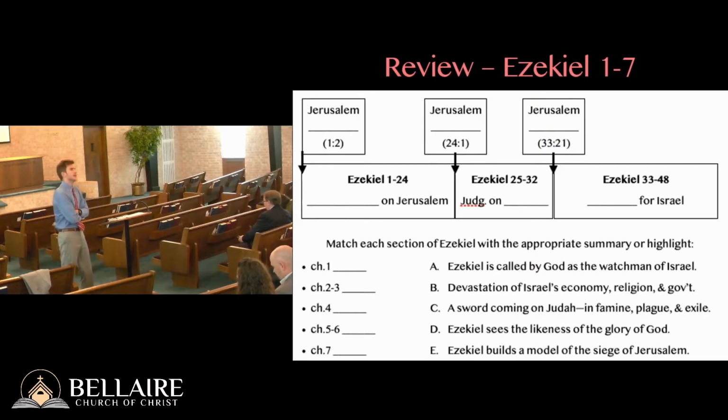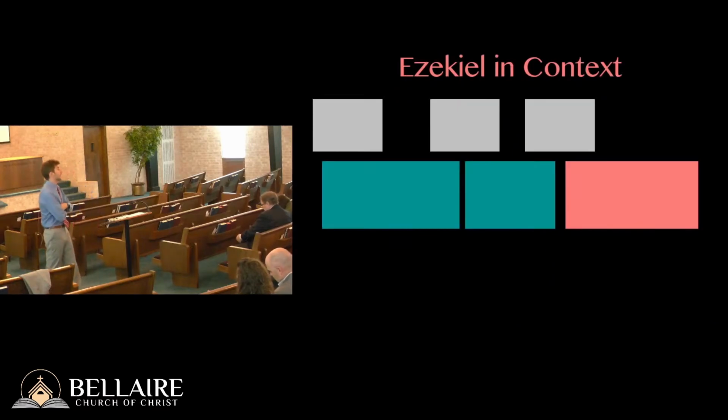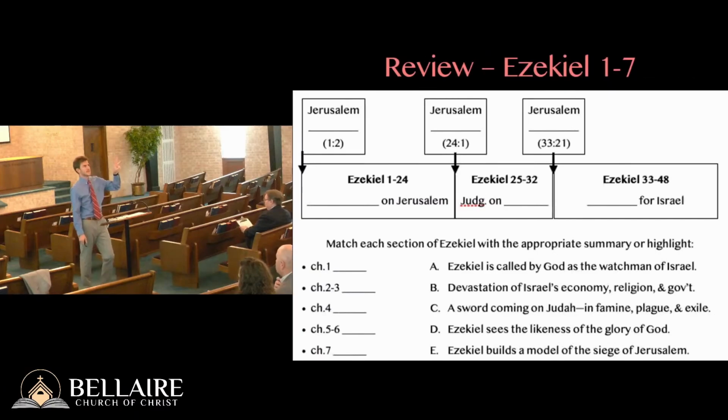Let's start with the review of the book of Ezekiel. Remember, these 3 boxes on top are about the events taking place in Jerusalem. Ezekiel is fairly unique in the way the book is structured, in that there is not only a chronology of these oracles, but the oracles are often tied to a historical event taking place in Jerusalem, back at the ranch, we might say, while Ezekiel is in exile in Babylon.